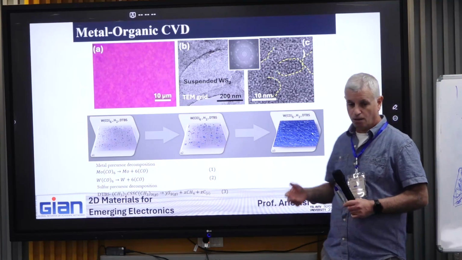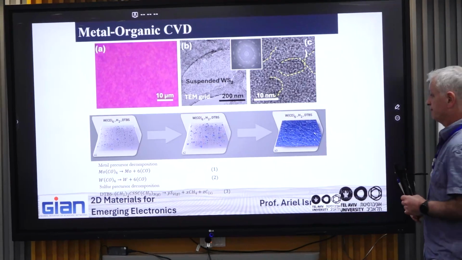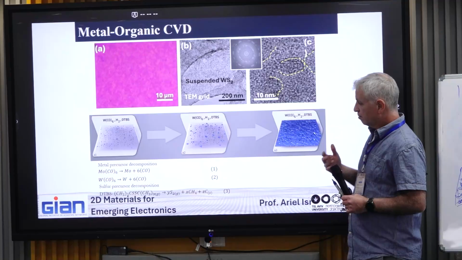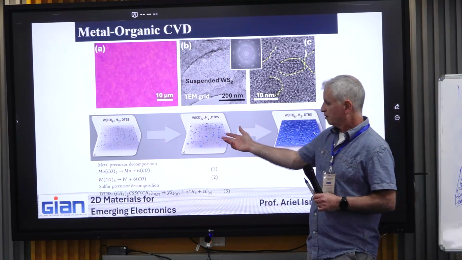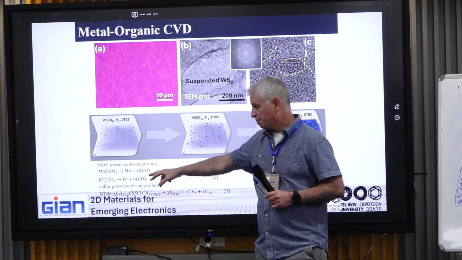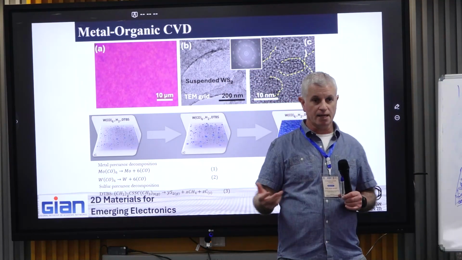That means low quality, not as good. And this is because of several reasons. Two main reasons: one of them I told you about is the possible carbon contamination from the precursor, when we have a precursor that contains carbon, metal organic.